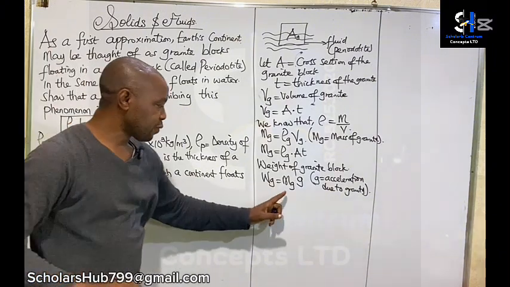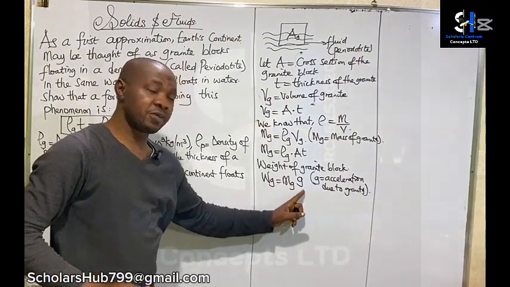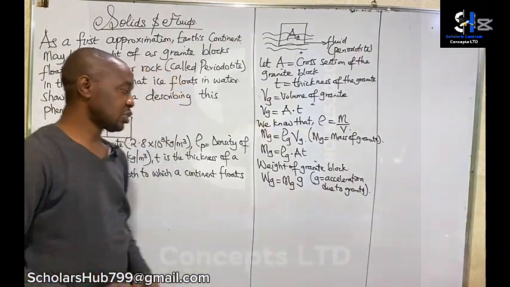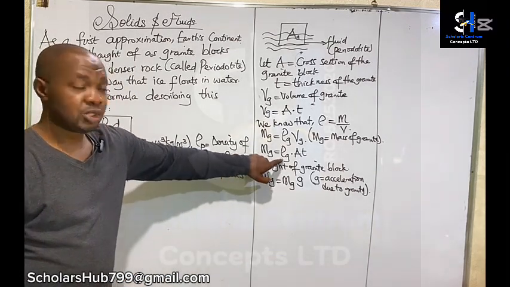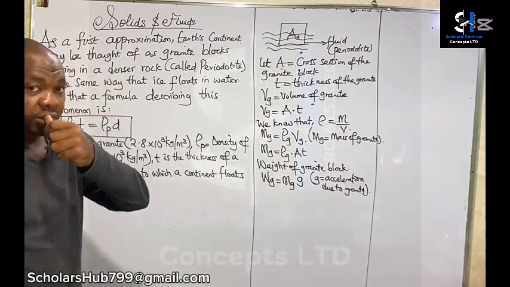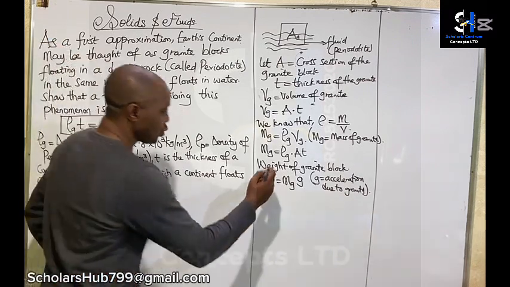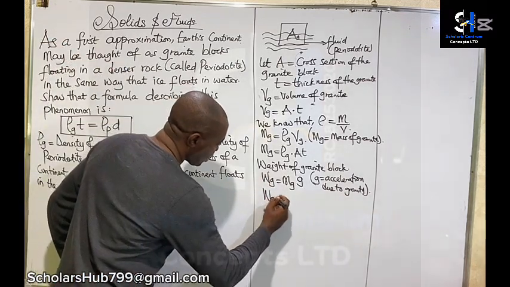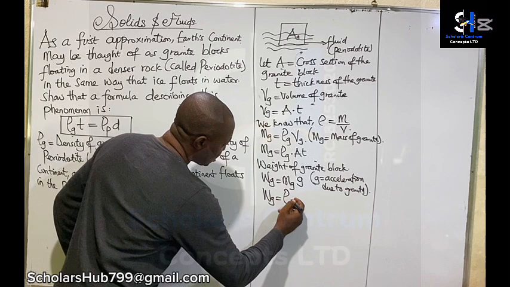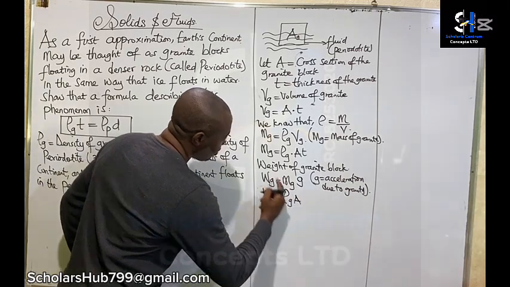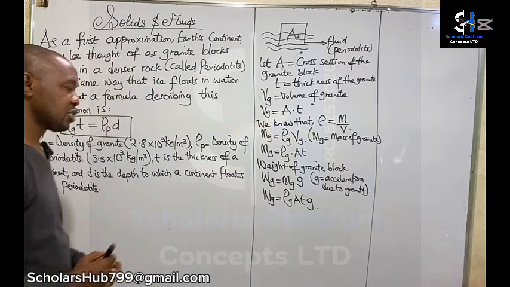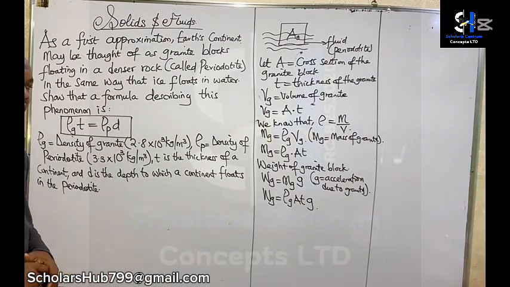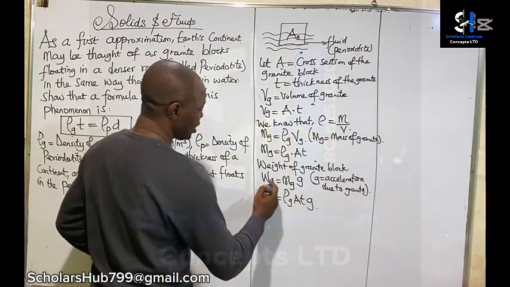So we have weight of granite equal to mass of granite multiplied by the acceleration due to gravity. The mass of granite is density multiplied by area multiplied by thickness. So the weight of granite is density of granite multiplied by area times thickness, then multiplied by acceleration due to gravity.